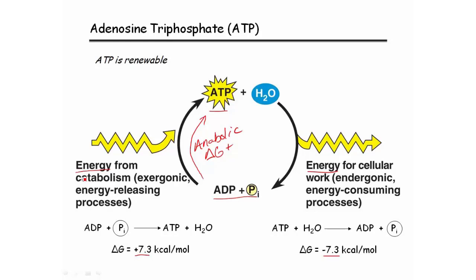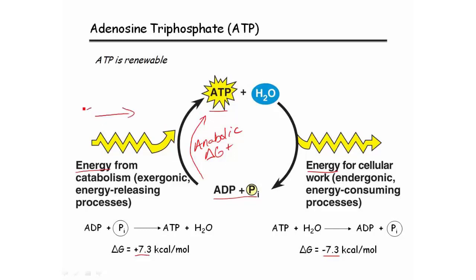That food is going to be broken down in catabolic pathways, and we'll get energy out. What we will specifically use that energy for is to put the ATP back together again. Then we'll use that ATP to release the energy that we need for other processes inside the cell, and we're going to be constantly doing this.